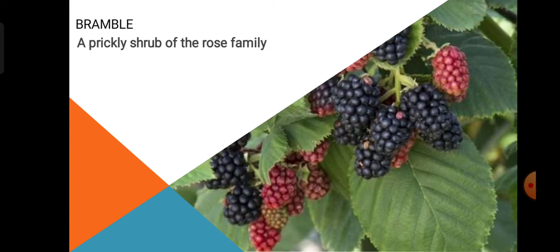Bramble means a prickly shrub of the rose family. In this prickly shrub, you see the image, there are small fruits, and these brambles are being collected by the child. If you see the lines, you know that these brambles are being collected by a child, and the child is alone.